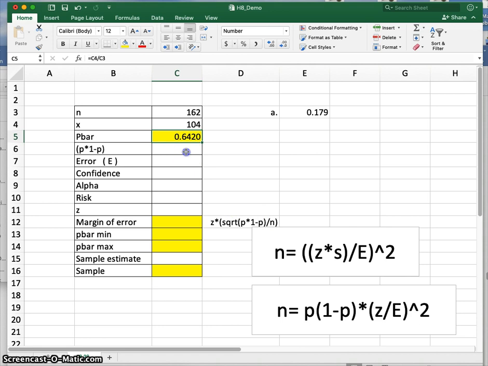One thing that we need here is P times 1 minus P, so that just equals P times 1 minus P. All right? We're going to forget about the error for a minute. We want a 95% confidence, so I'll just throw that in there.